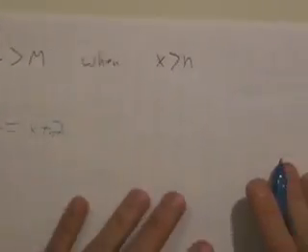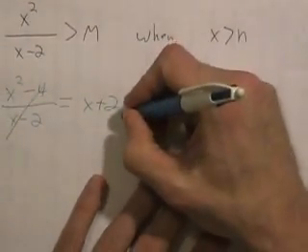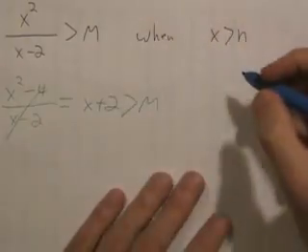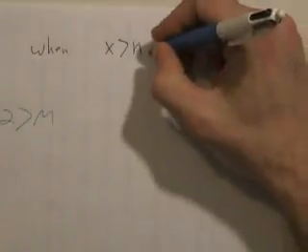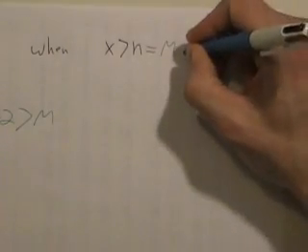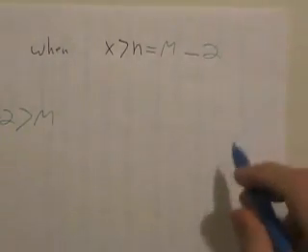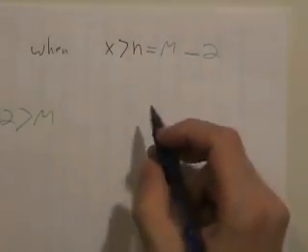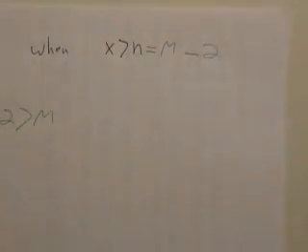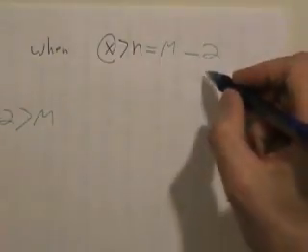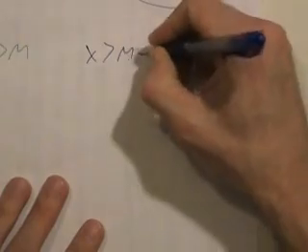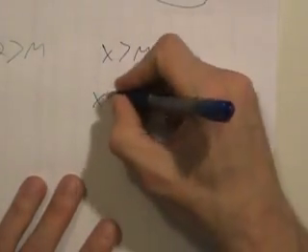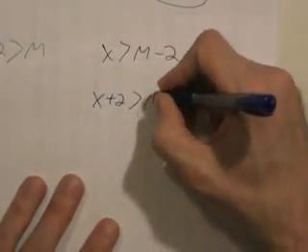So to show you how this works, we want this to be greater than m, so the value of n that's going to work should be m minus 2. And let that be so. So we'll say let m be given, and let x be greater than m minus 2. If that's the case, x is greater than m minus 2, then it must be the case that x plus 2 is greater than m.